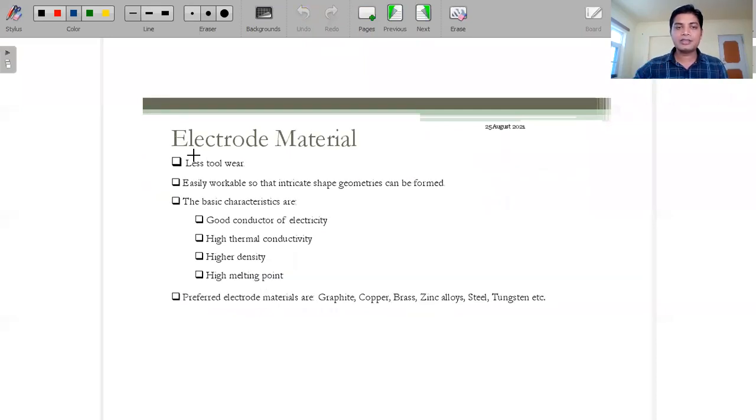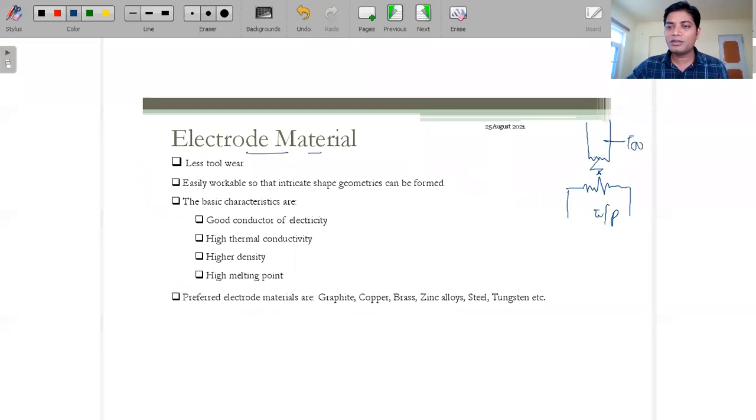Next, if we talk about the electrode material, as I said there is formation of the spark. If the spark is generated, then definitely it will remove material from the tool side as well. So what do we exactly want, the machining of the workpiece or the tool?